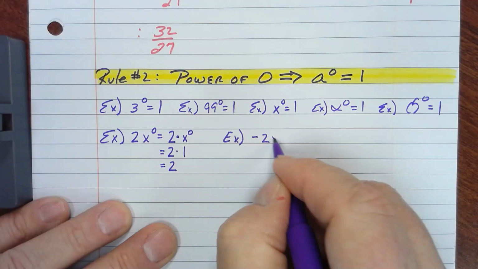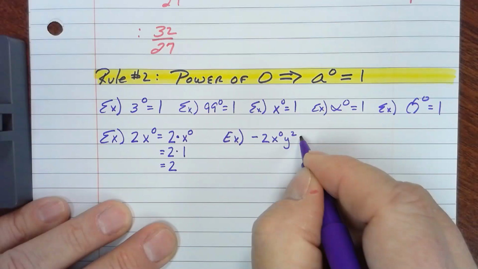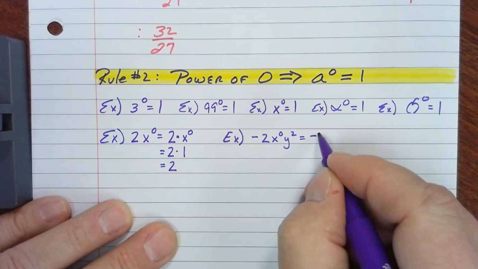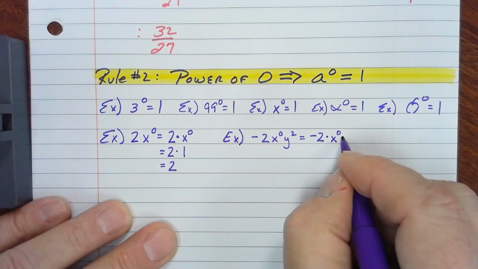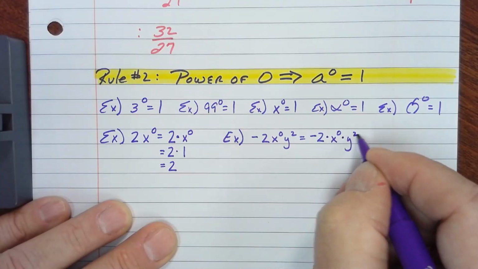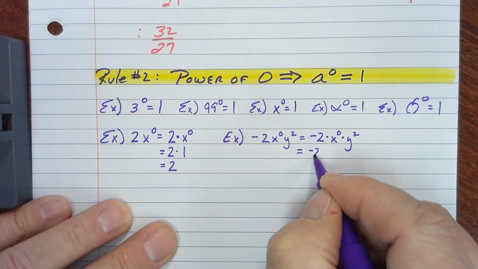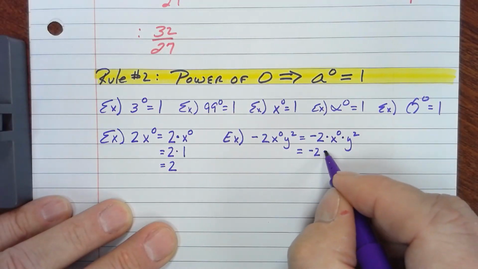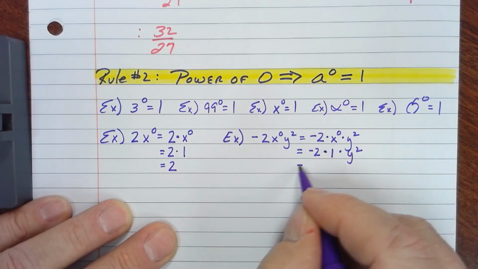Negative 2, x to the 0, y squared, similarly means negative 2 times x to the 0 times y squared. Negative 2 is negative 2. X to the 0 is 1. And y squared.